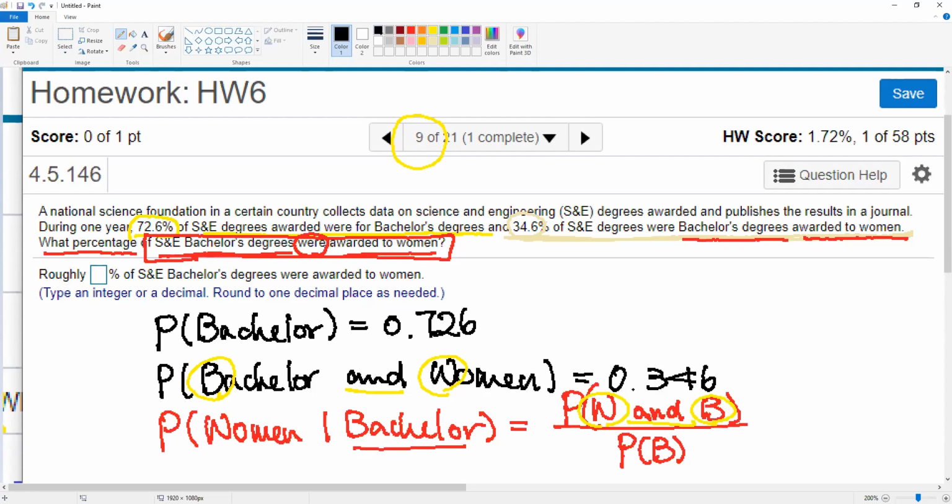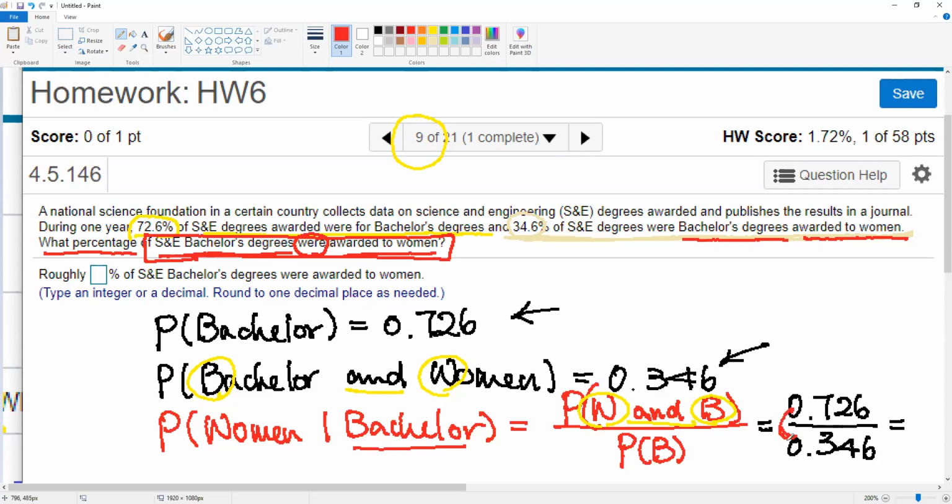So now let me plug in the probabilities. The joint probability was 0.726 and the marginal probability was 0.346, the denominator. So we take the ratio 0.726 over 0.346. I switched, I'm sorry.